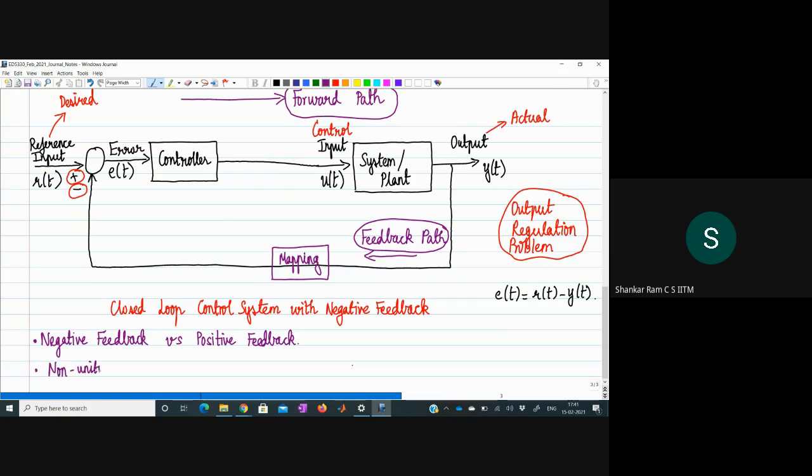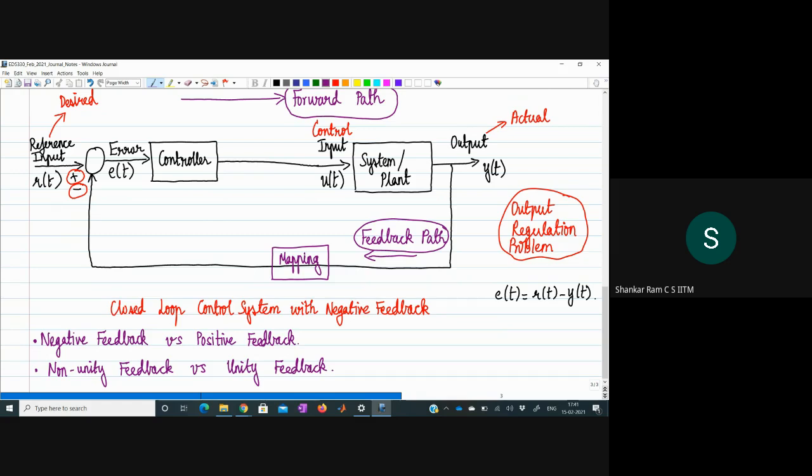So what is this non-unity feedback? If in the feedback part we do any operation on the output signal, other than multiplying it by 1 and directly providing it to the summing junction, we are dealing with non-unity feedback. I hope it's clear what is meant by non-unity. This is unity feedback: if we are dealing with unity feedback, the mapping in the feedback part is going to be 1.